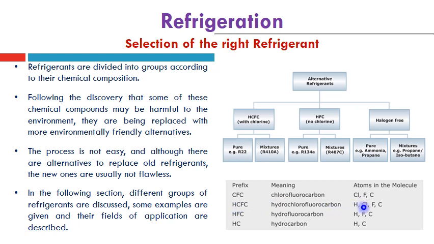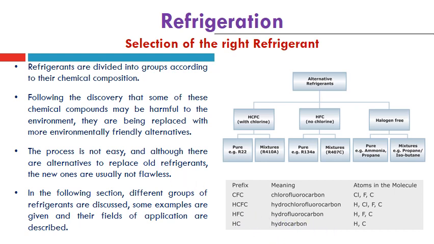HCFC: hydrogen, chlorine, fluorine, and carbon. HFC: hydrogen, fluorine, and carbon. And finally hydrocarbon: hydrogen and carbon. So CFC means chlorofluorocarbon, HCFC hydrochlorofluorocarbon, HFC hydrofluorocarbon, HC hydrocarbon.